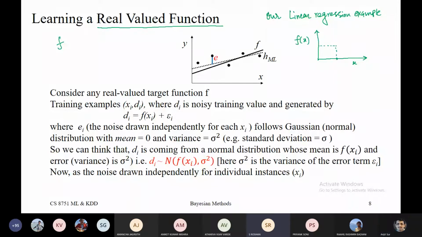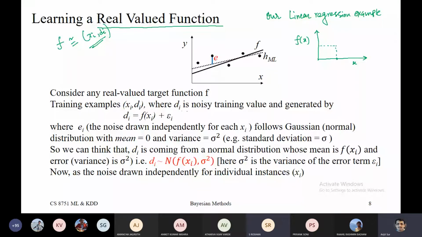Now, to represent this f, training examples xi, di are given. This training example is not always very accurate, because in a practical situation these are not very accurate.